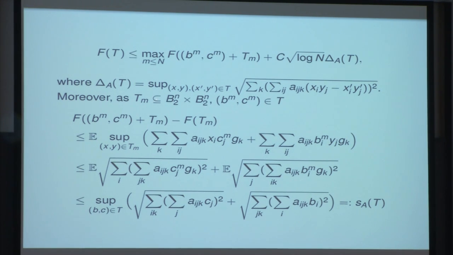And now, because we assumed that tm were still in this Euclidean product, we'll just do a simple thing. We will just use the Cauchy-Schwarz, right? Because the x's here are from the unit ball. And now just go with the expectation inside the square root and write something like that.